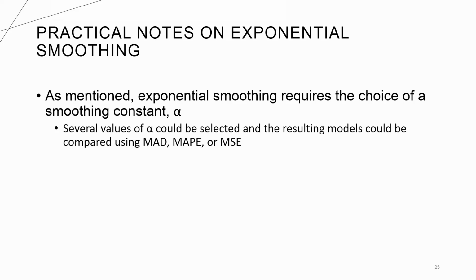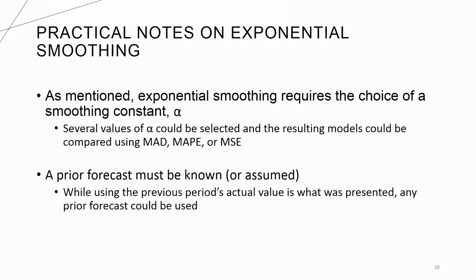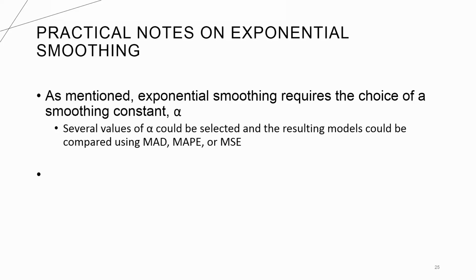You're going to have slightly different values of alpha that are both optimal according to different criteria. So using MAD or MAPE or MSE is going to give slightly different versions of which alpha is the best alpha.